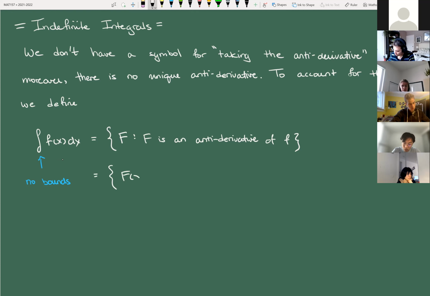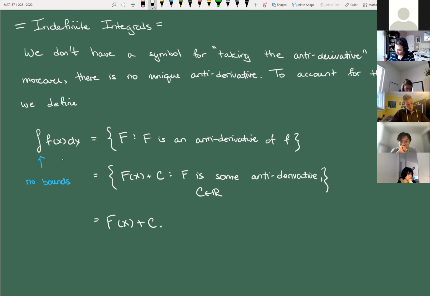These are the collections of F of x plus c, where F is some antiderivative and c is a real number, right? And because that's a lot to write, we often cheat and just write F of x plus c like this. But this is abusive notation.